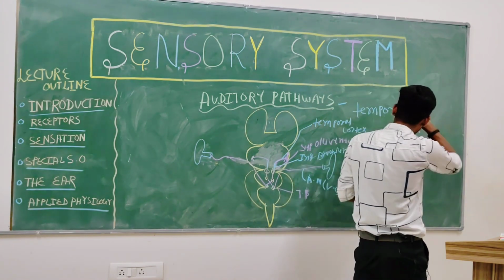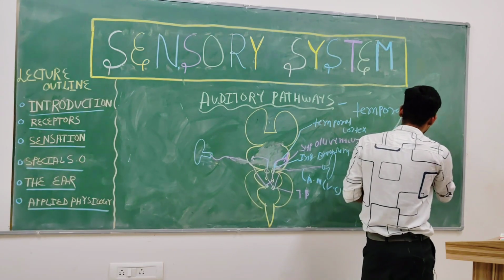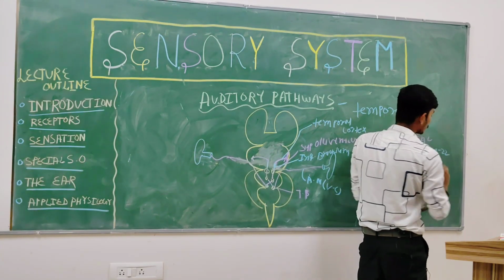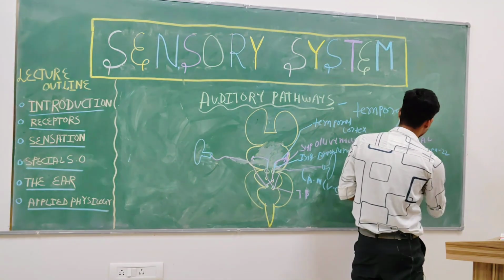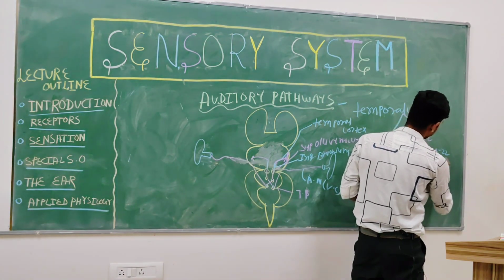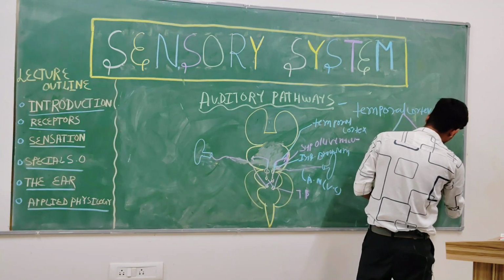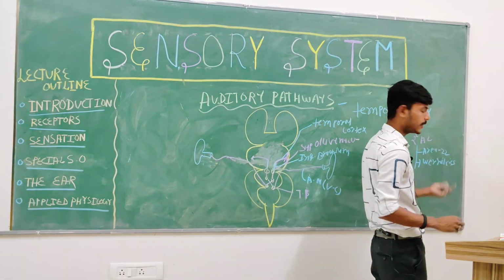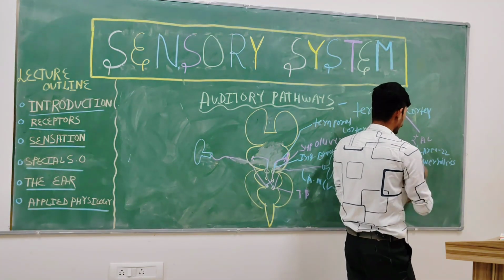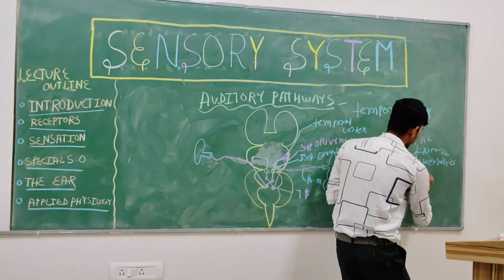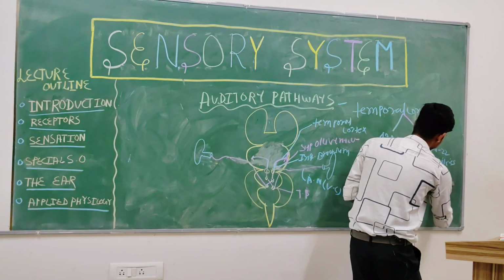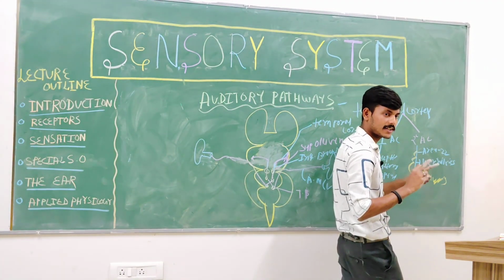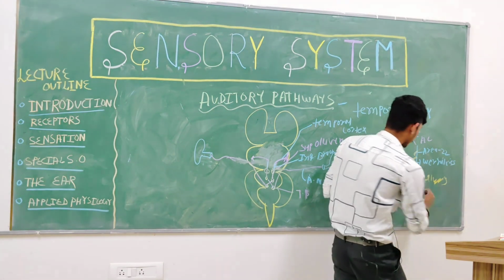The secondary area possesses area number 22 and one area called Wernicke's area. This Wernicke's area and area number 22 analyze and make the differentiation.